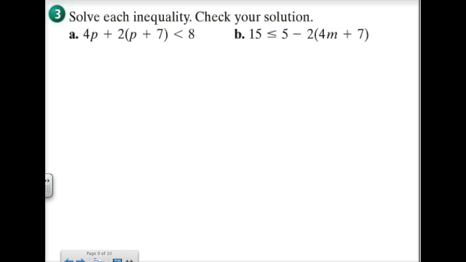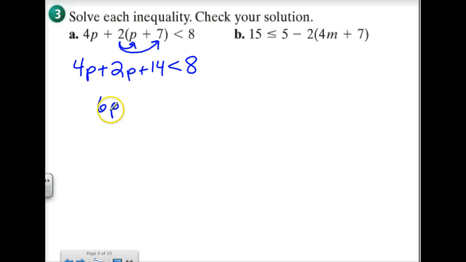Now we get to some inequalities that involve parentheses using the distributive property. 4p plus 2 times p and 2 times 7. 2p plus 14 is less than 8. Now I'm going to combine like terms. 4p and 2p gives me 6p plus 14 is less than 8.